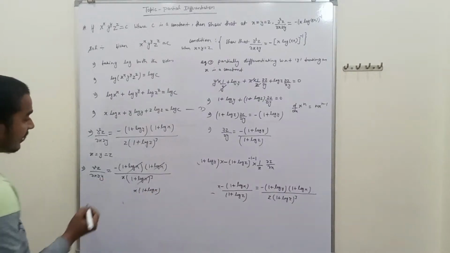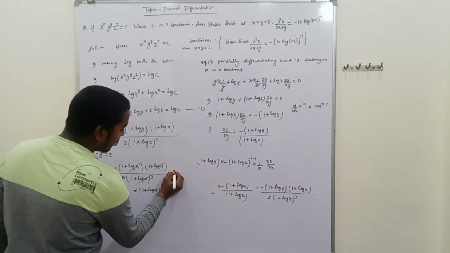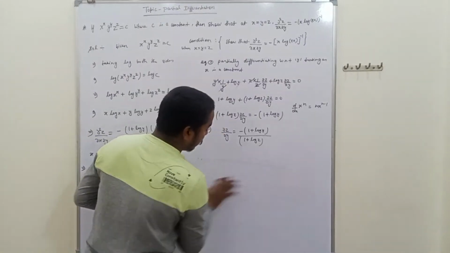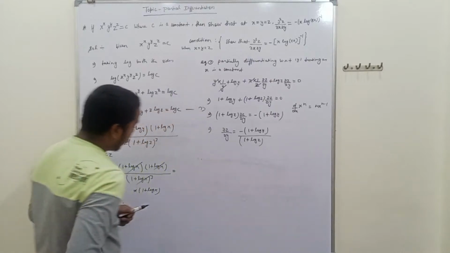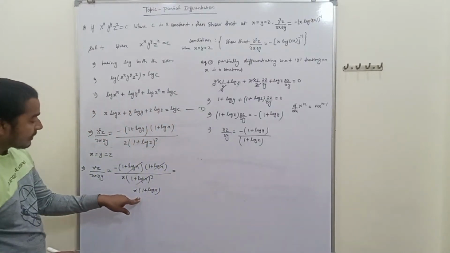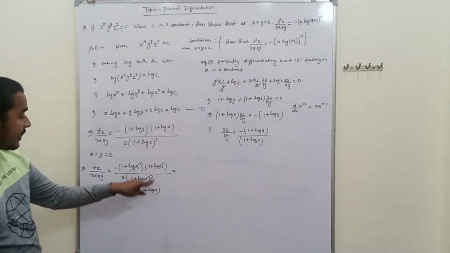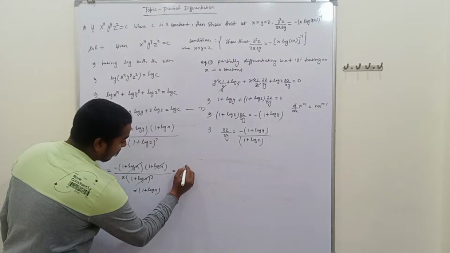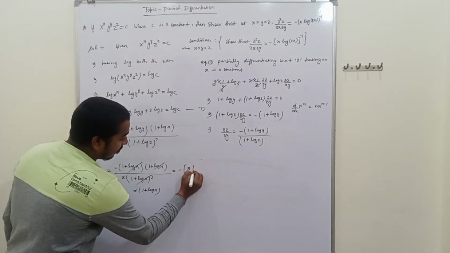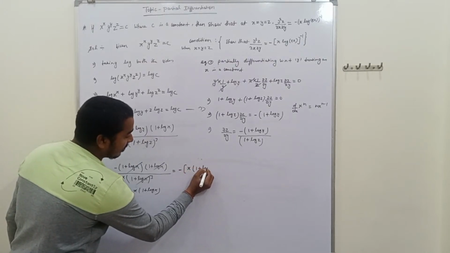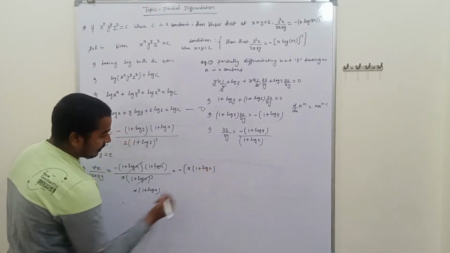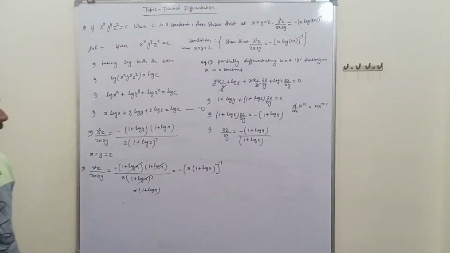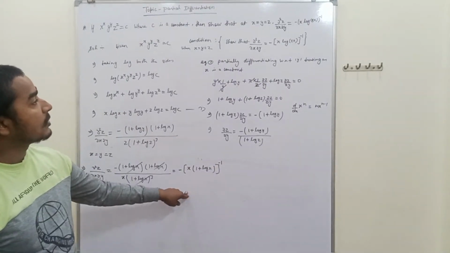Further we have to write, that is x into 1 plus log x taken in the numerator, minus is already present, that is x into (1 plus log x) whole power minus 1, and we have to show x log ex.